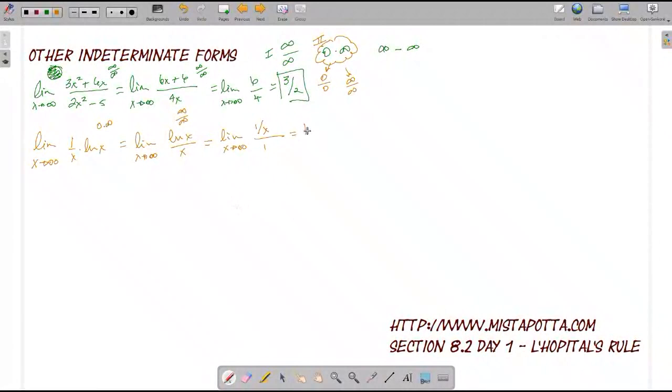Now, this ends up being the limit as x increases without bound of 1 over x, which is 0. And so in this situation, the 0 truly does win out. And so my limit actually evaluates to 0. And one of the things that we should notice from here is that we really can't predict what the limit's going to be with any degree of accuracy.